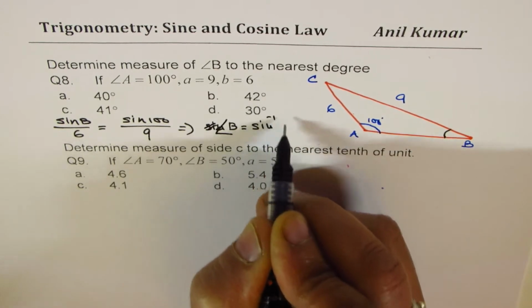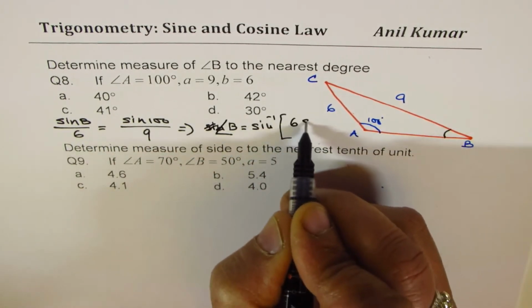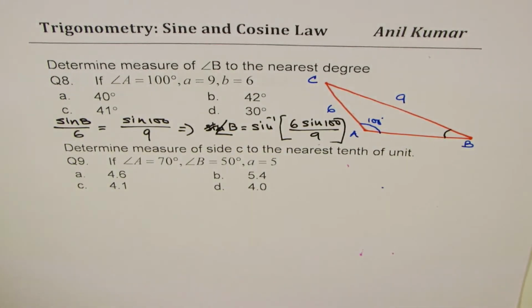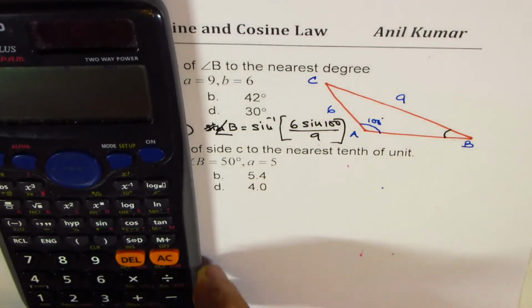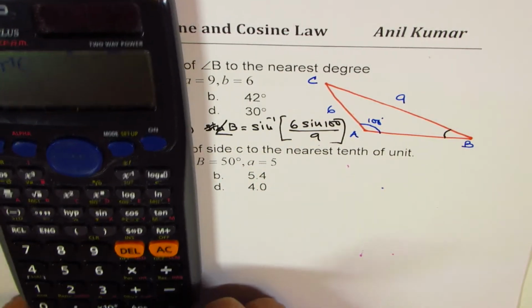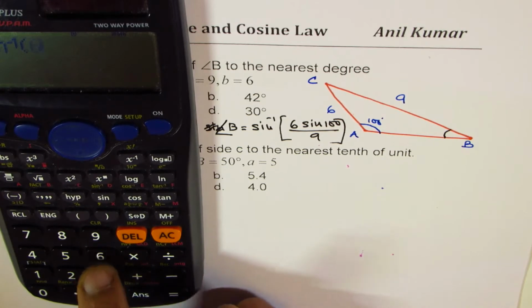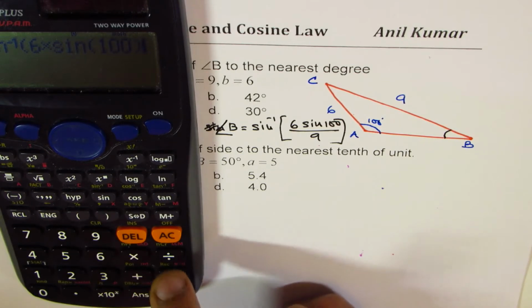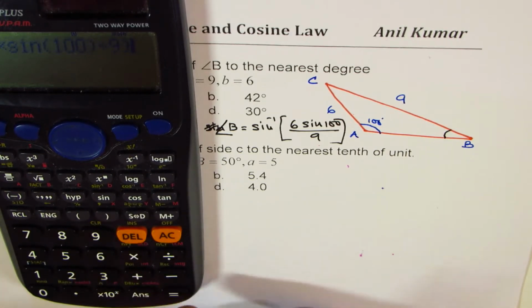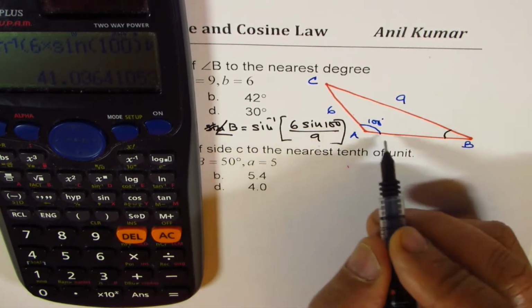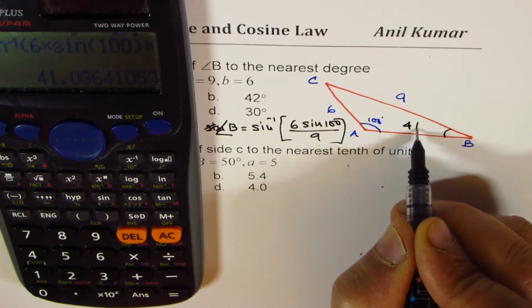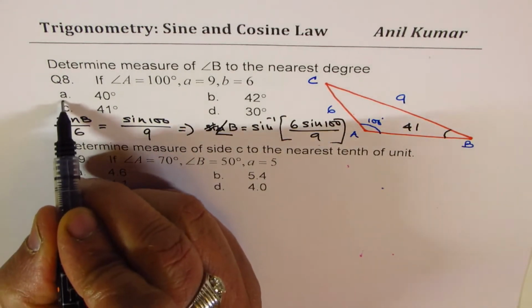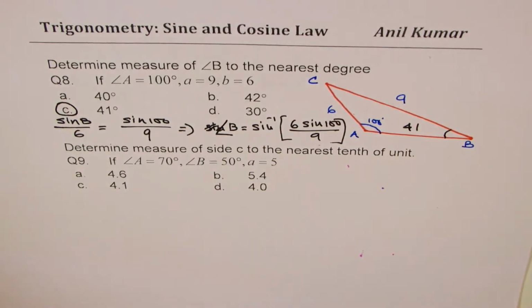Angle is sine inverse of 6 times sine 100 divided by 9, right? So let's calculate this. So we have shift sine inverse. Within brackets, we have 6 times sine of 100 degrees divided by 9. That gives you 41. So we get this angle as 41 degrees. 41 degrees is option C for us. So that is the right answer.